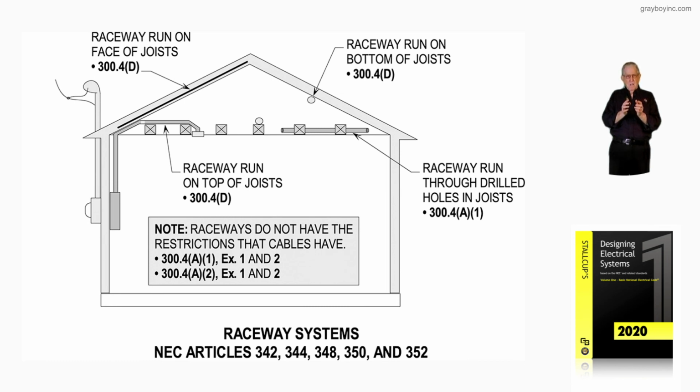So keep that in mind, because you may run into a problem with this if you don't. So this illustration, though, mainly is just showing raceway systems, and notice they are protected without it if it's EMT, and they may require protection if it's EMT. But this is up to the authority having jurisdiction, 90.4.